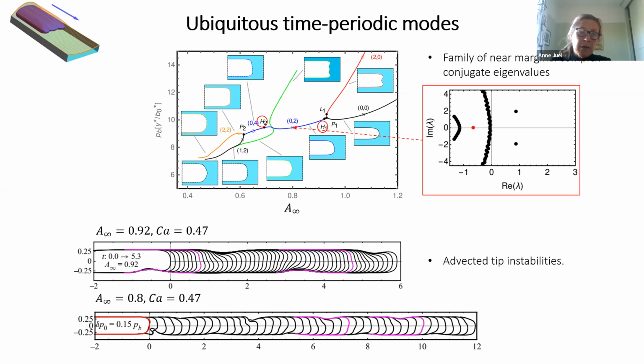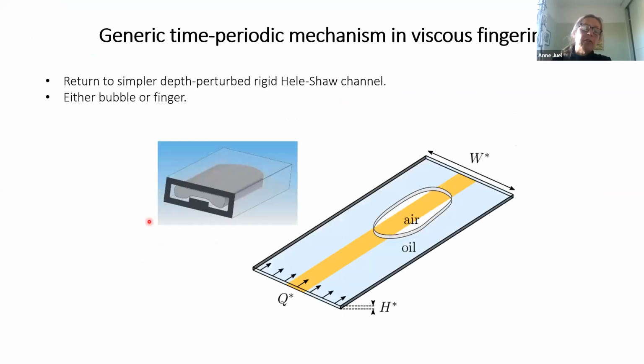And really the question is, is there a generic time periodic mechanism in viscous fingering that makes it easy to always get these time periodic or more complex unsteady behaviors? And for that we return to the simple depth perturbed rigid Hele-Shaw channel.